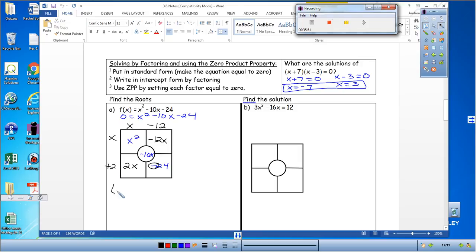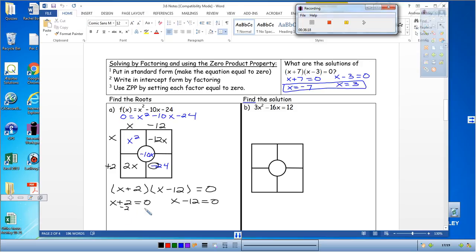So my factors are x plus 2 and x minus 12, and it equals 0. Now I'm going to use my zero product property to set them equal to 0. x plus 2 equals 0, and x minus 12 equals 0.